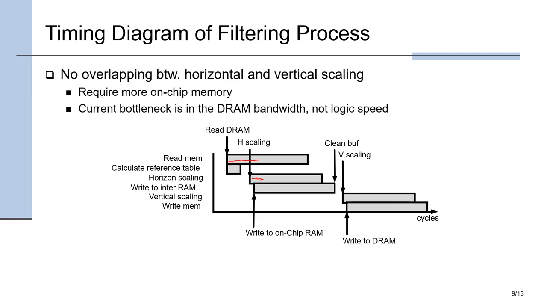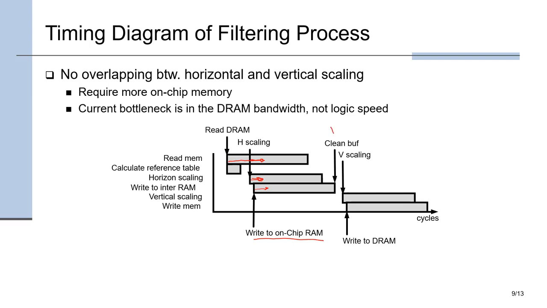After this point, the reading of pixel data from the DRAM and the scaling operation inside the image scaler will be executed concurrently, and the output from the scaling result will be returned to the on-chip memory. That's the intermediate pixel result, because we have to store it in on-chip memory for another round of filtering operation.